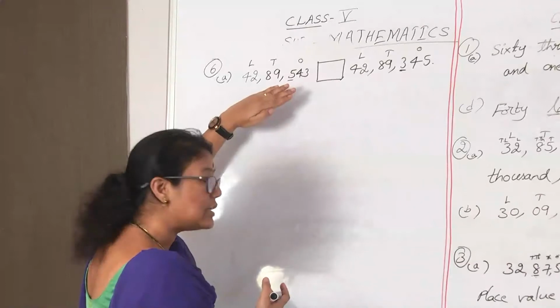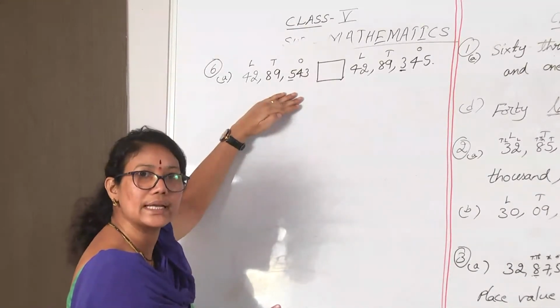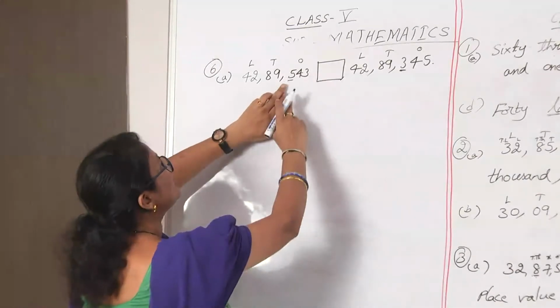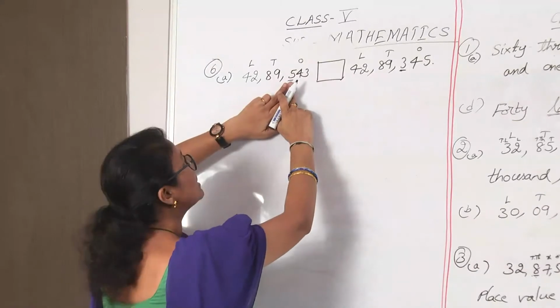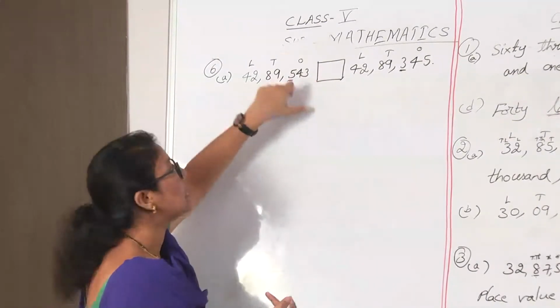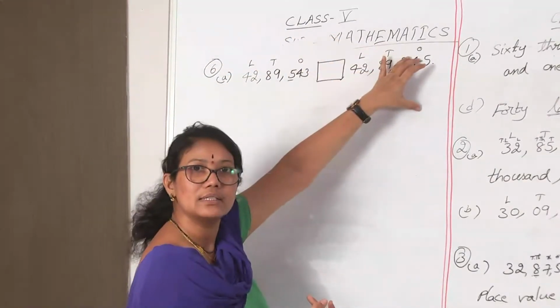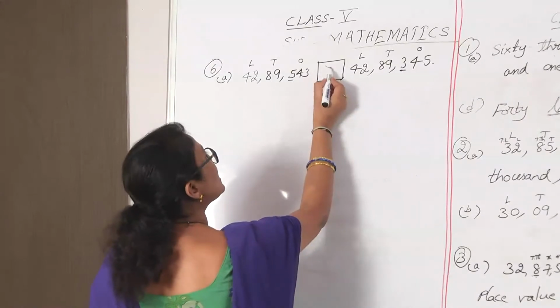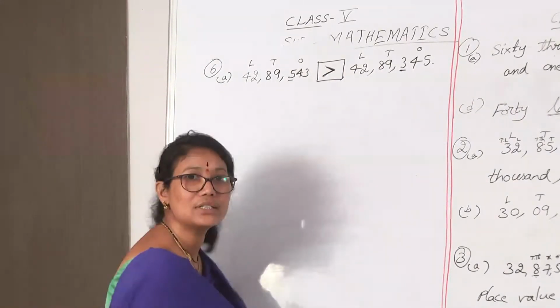Check whether the first number is greater than, less than or equal to the second number, right children? Now this 5 is obviously greater than 3, right children? That means the given first number is greater than the second number. So we put the greater than symbol in the given block, right children?